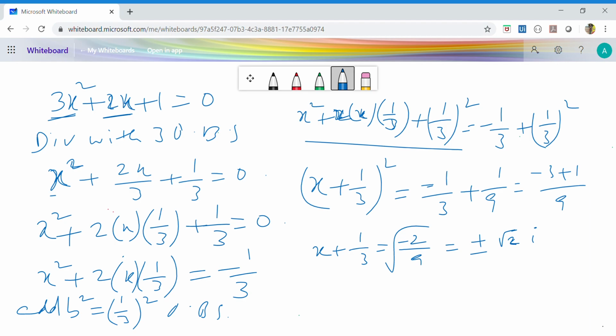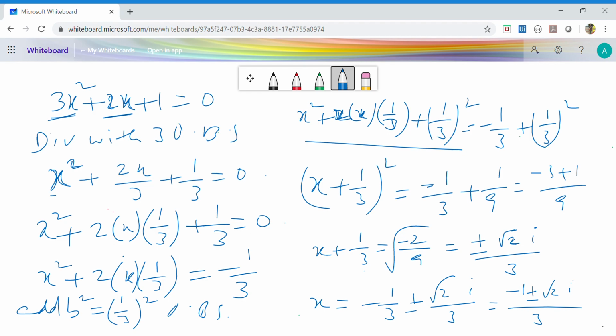Here it is an imaginary number, minus 2 is an imaginary number, by 3. So transpose 1 by 3 to that side: minus 1 by 3 plus or minus root 2i by 3. If you combine it, minus 1 plus or minus root 2i by 3 are the roots.